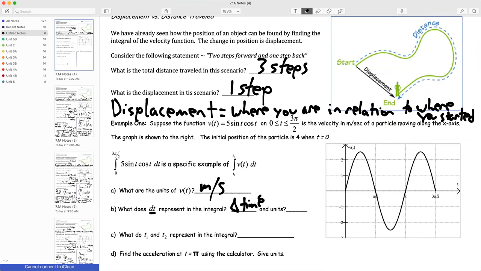And the units for time, seconds. So what do t1 and t2 represent in the integral? It's the initial time and the final time.